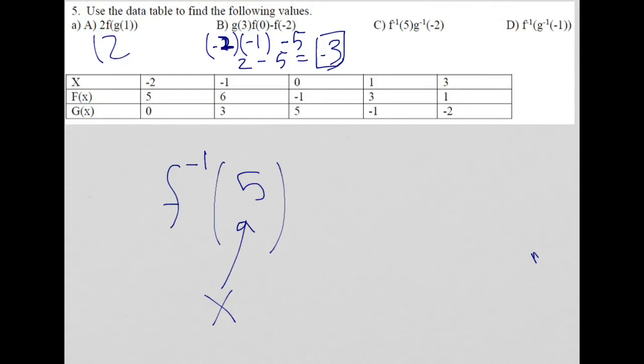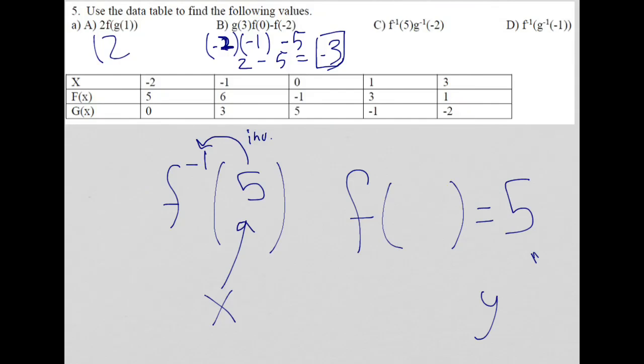So this 5 is an x value, but it's an x value on the inverse function, which means when we are talking about the function, it is a y value on the function. So 5 is a y value on our f function, the original function, and we need to find the corresponding x value.